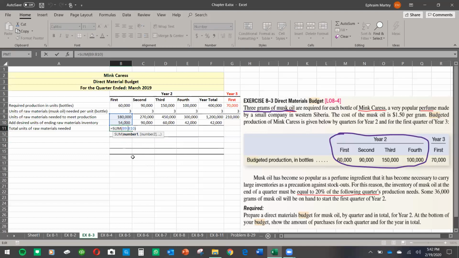We don't want to sell everything. We want to retain 54,000 of the next quarter. So that will give us 234,000 raw materials that we need. So we drag it all the way.